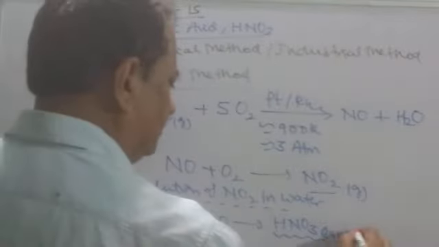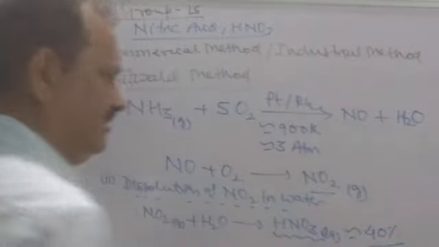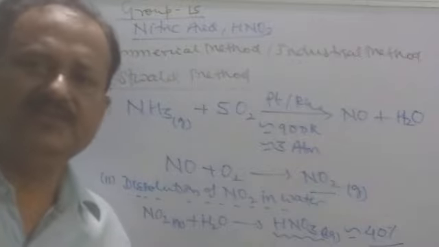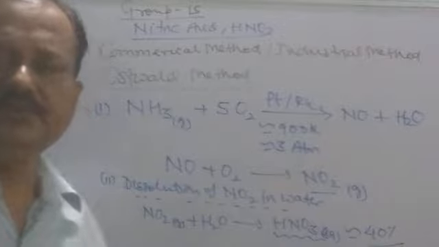It is around 40%, depending on the conditions. So this is the average condition, around a 40% solution of nitric acid.